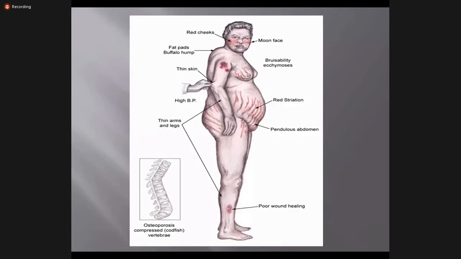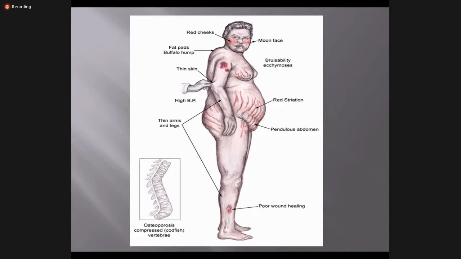This diagram shows the full-blown features of Cushing syndrome. There you can see the pendulous abdomen with striae, and thin lower and upper limbs, while the trunk is enlarged and fatty. That is central obesity as well as deposition of fat in the trunk.